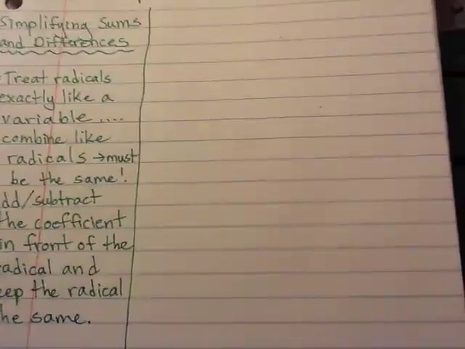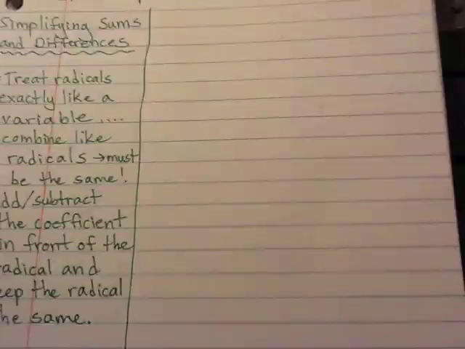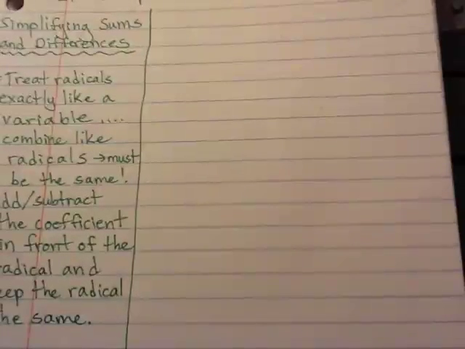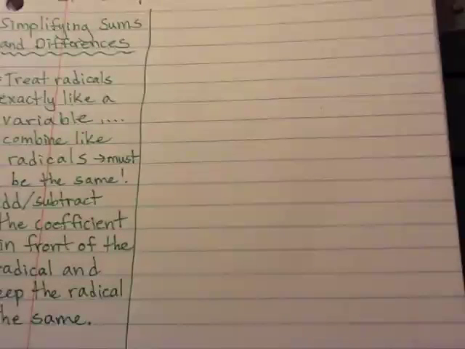So again, think of this like if I was adding 2x plus 3x, I have 5x. X just comes over as it is. Same exact thing is going to happen with these radicals.